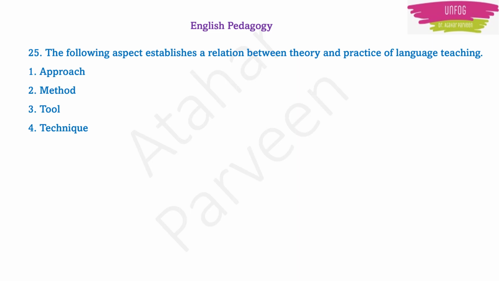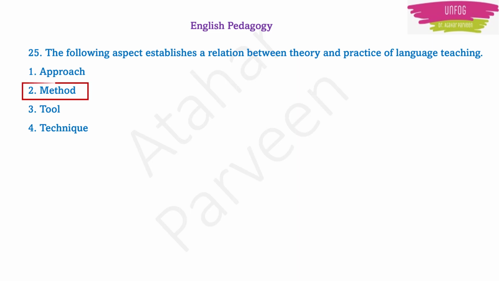The question is: the following aspect establishes a relation between theory and practice of language teaching. The four options are approach, method, tool, technique. Which one is the correct option? It is a method. Method is the one which establishes a relation between theory and practice of language teaching.